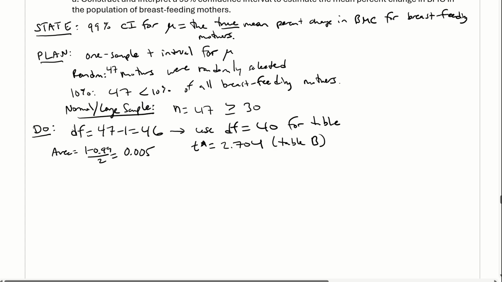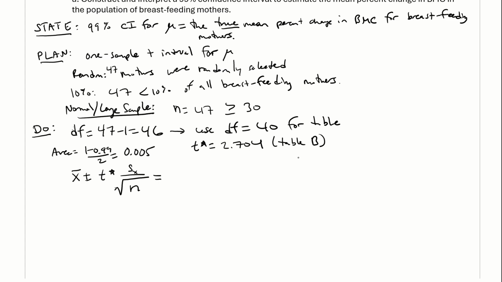Okay, so now let's go ahead and calculate the confidence interval. So then the confidence interval is x bar plus or minus t star sx over square root of n.